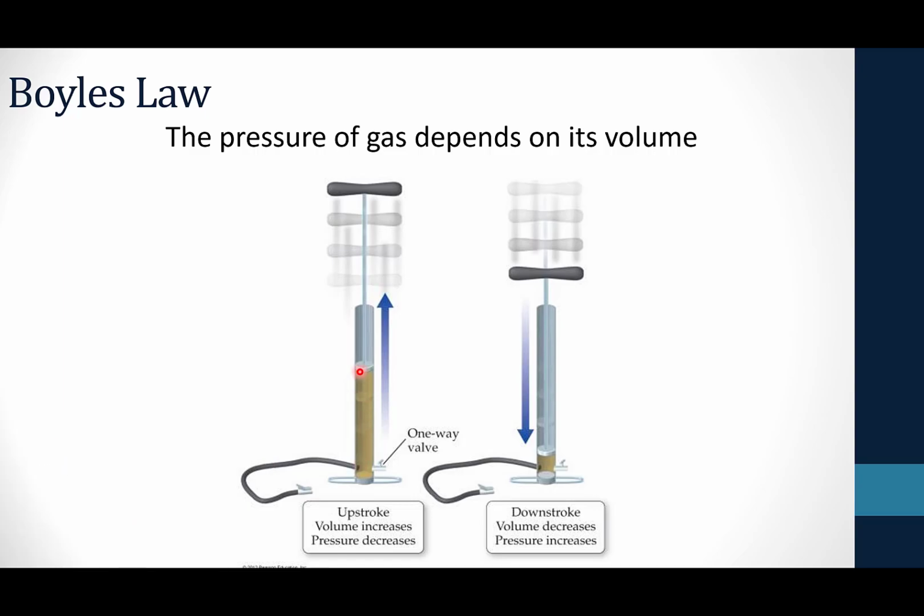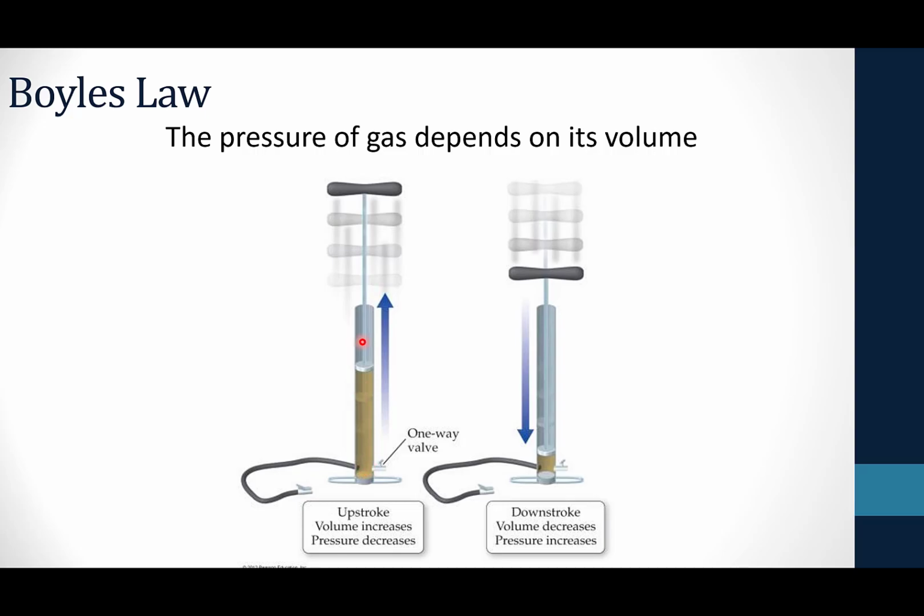This thing that goes up and down, the thing you pull out and push back in, I'm going to call the piston. And the area inside here we'll call the volume of the cylinder, the amount of gas that's in the cylinder.